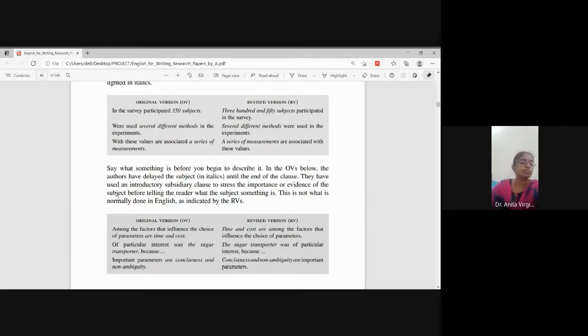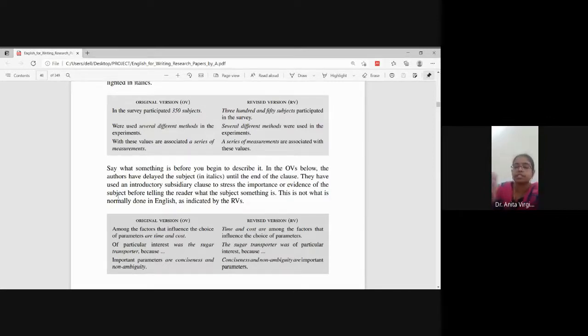So now, when you see the example, you will understand. Among the factors that influence the choice of parameters are time and cost. So this is the clause. Clause is like you have half of your sentence which has meaning. Now just see this whole part of the sentence.